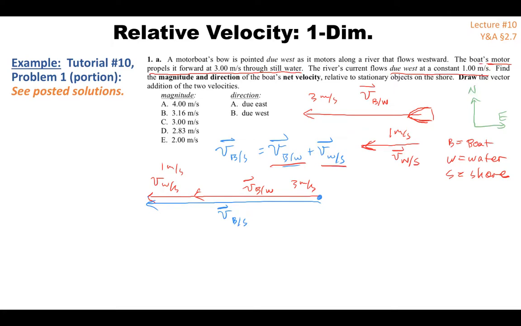So I can just by inspection, just meaning this is simple enough that I can figure out the vector sum just by looking at it. And I can see that the vector sum for the velocity of the boat with respect to the shore has a magnitude of 4 meters per second, and the direction is due west.